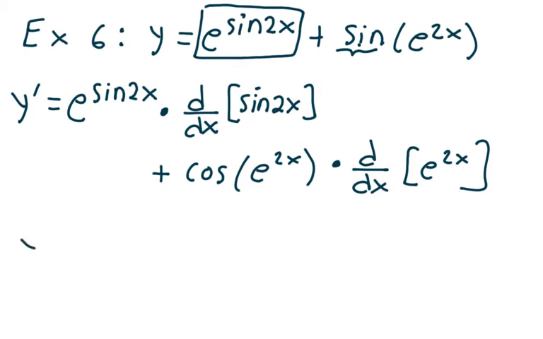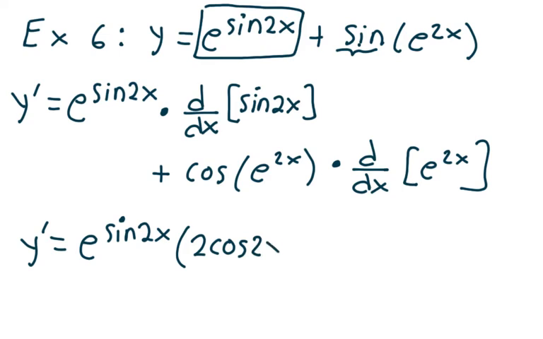And so when I put this together, y prime is e to the sine 2x multiplied by, over here, I'm going to write 2 cosine 2x.